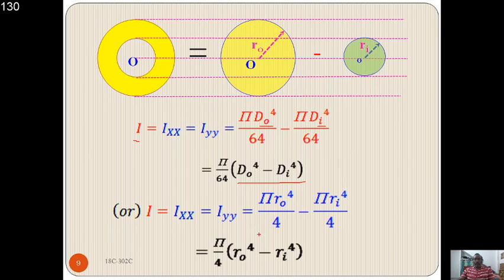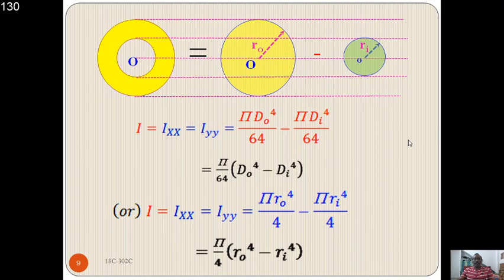The same thing can also be written in terms of the radius. Just replace the 64 with 4, therefore pi by 4 times r to the power of 4 minus ri to the power of 4. So use the notations of the outer and inner radii or diameters.